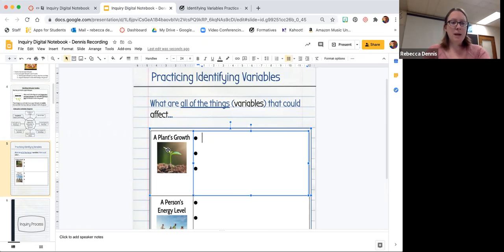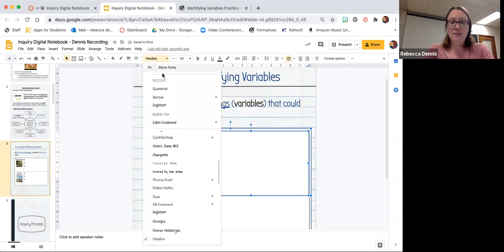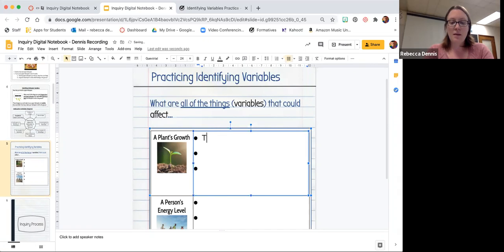Some examples might include the amount of water that it receives, you might say the amount of sunlight. Let's see here. What are some other things?